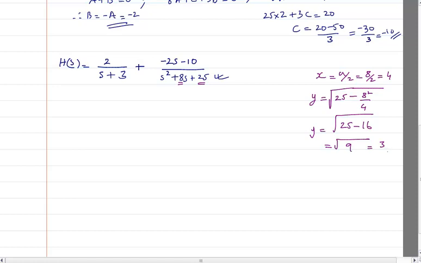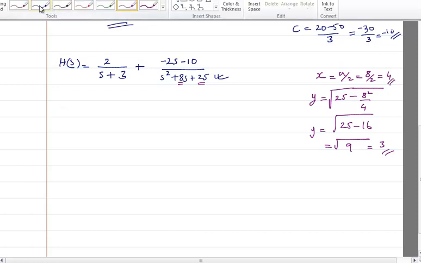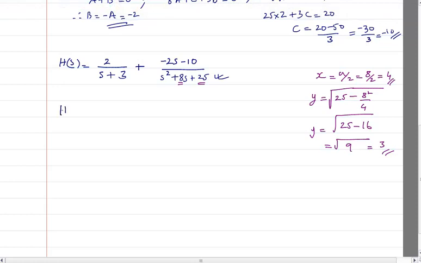Therefore, now x and y I have got here. Therefore, I will write, let me use the same color, h of s is going to be 2 by s plus 3 plus, right now I will write the numerator as such, because I have to tweak it a little bit later.